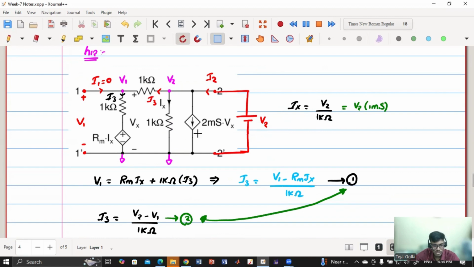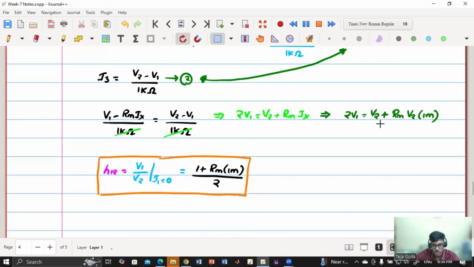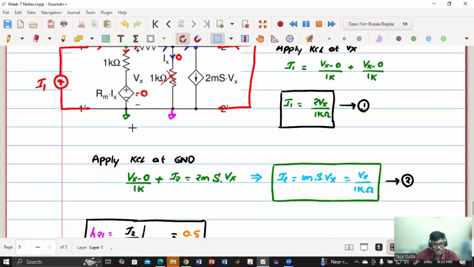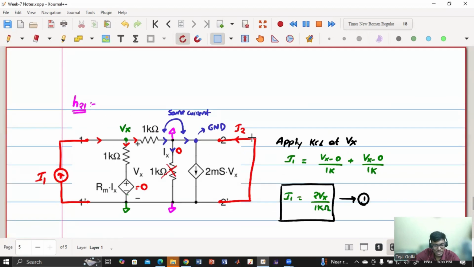I have used this circuit and did some KCL, KVL equations and I got an equation in terms of V1 and V2. From there I got H12 as (1 plus Rm) into 1 milli by 2. Once I got this, I have moved to H21, which is I2 by I1 when V2 is 0. V2 is 0 meaning this is short circuited and I have to find I2 by I1, which means I1 is the input.